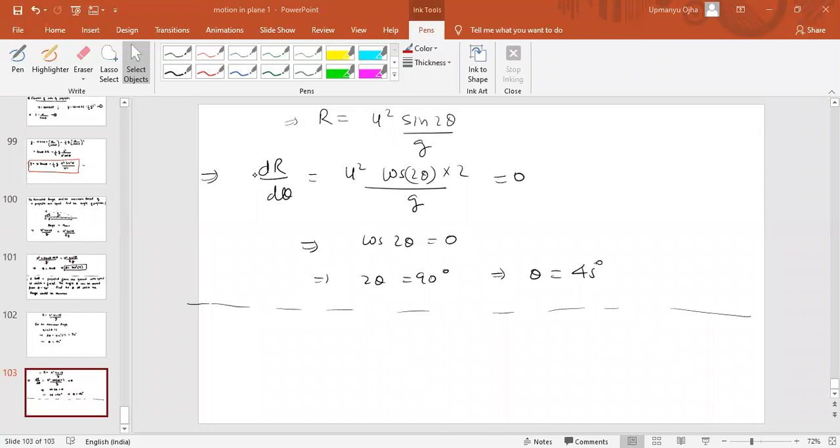So differentiating this R with respect to theta, you will get u square, differentiation of sine 2 theta is cos 2 theta into 2, divided by g. This is the value of dR by d theta, that should be equal to 0. So we get cos 2 theta equal to 0, which means 2 theta should be equal to 90 degree. Therefore theta equal to 45 degree.